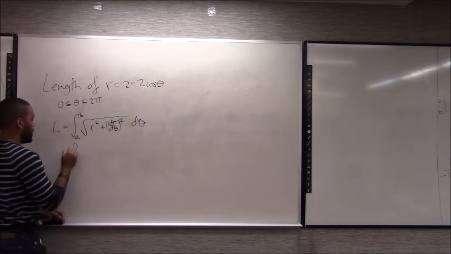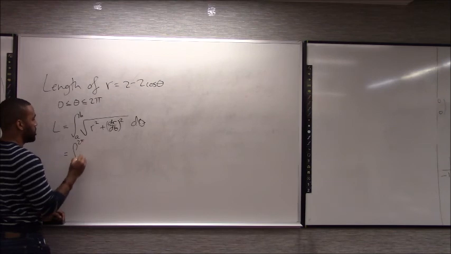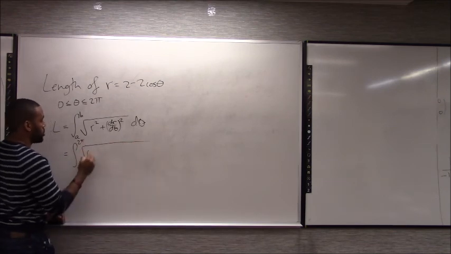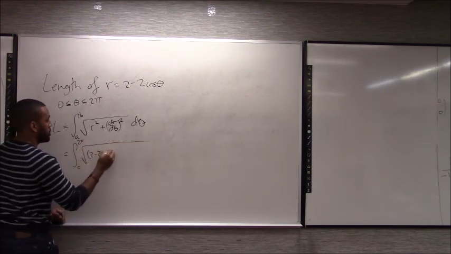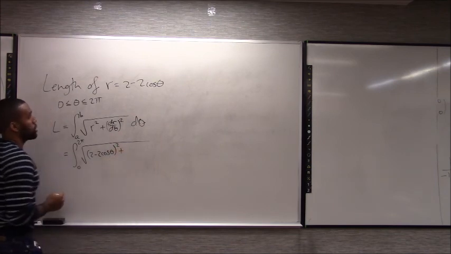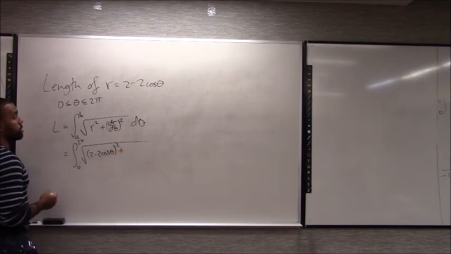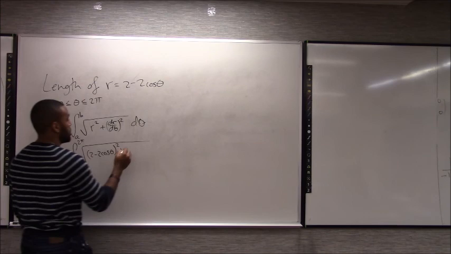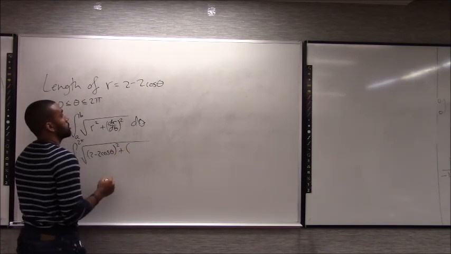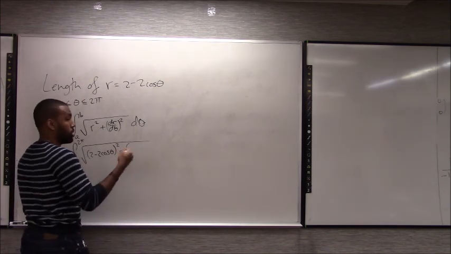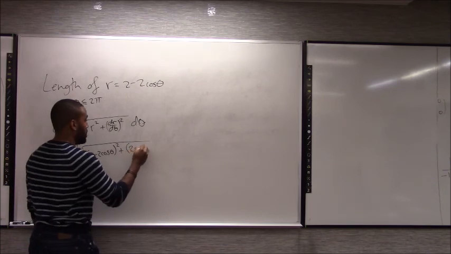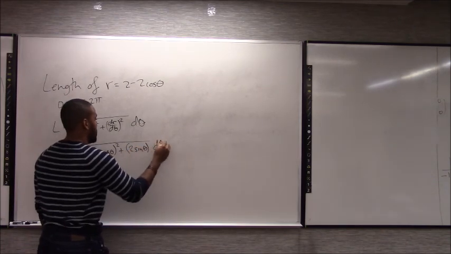Plugging that in, we have 0 to 2 pi. The radical is: we're going to square r, plus we're going to square its derivative. The derivative of that is 2 sine theta, and we're going to square that.